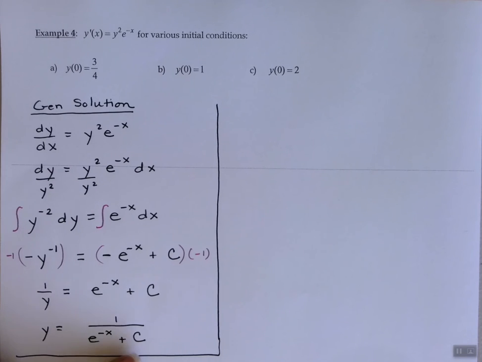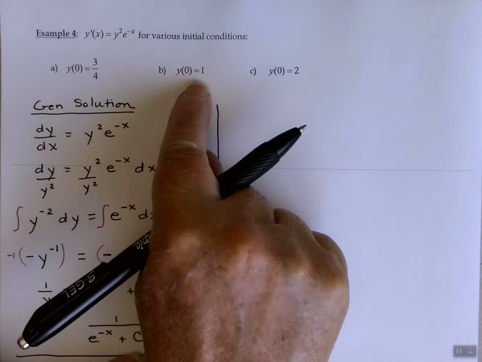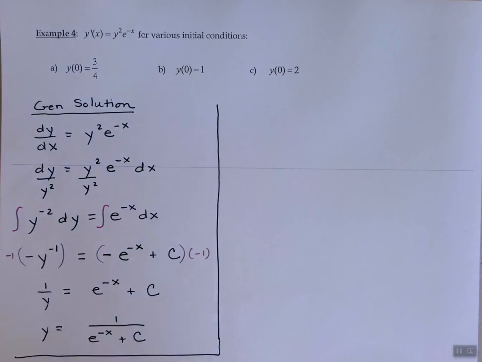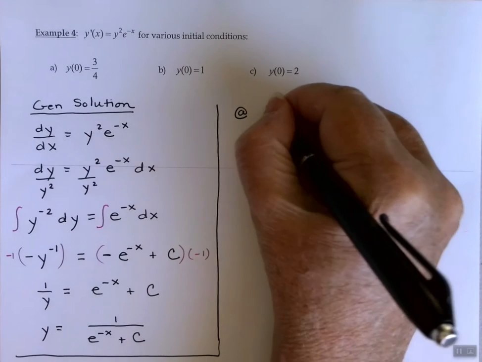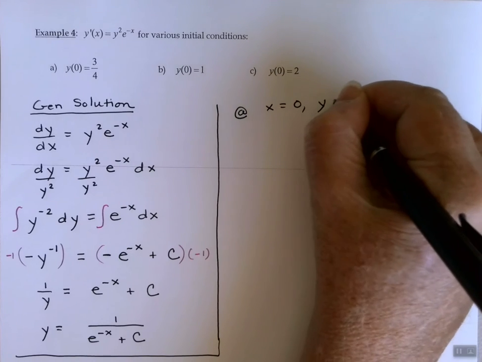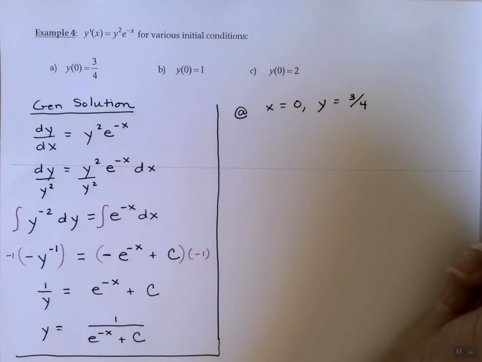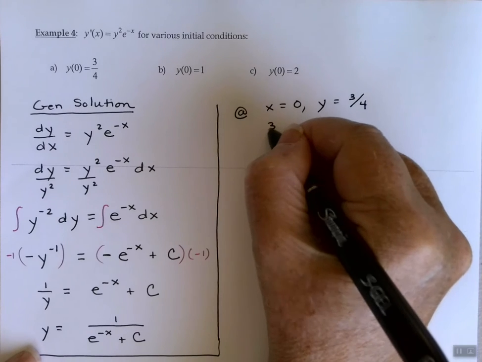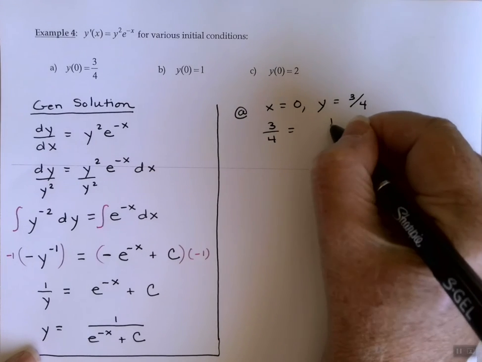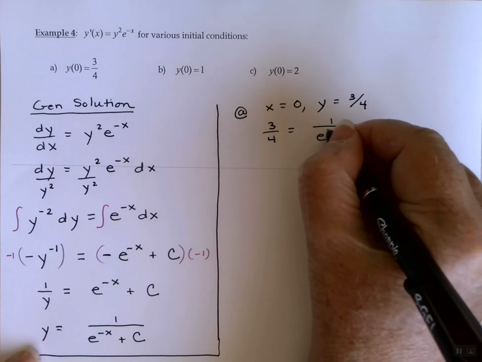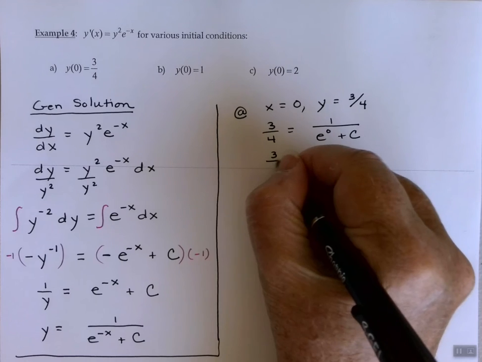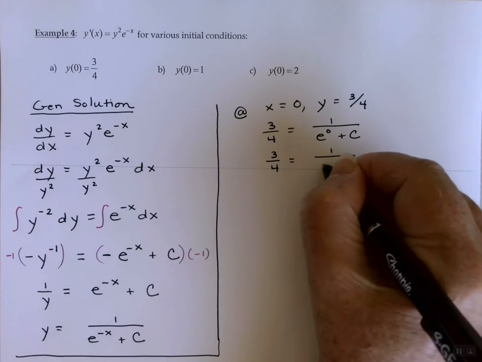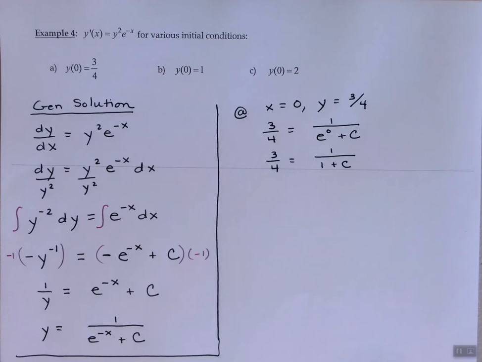I'm now going to see what the c value would have to be for each of these three specific initial conditions. So for part A, I'm given x equals 0, y equals 3/4. Plugging that in, 3/4 equals 1 over e to the 0 plus c. 3/4 equals 1 over 1 plus c.